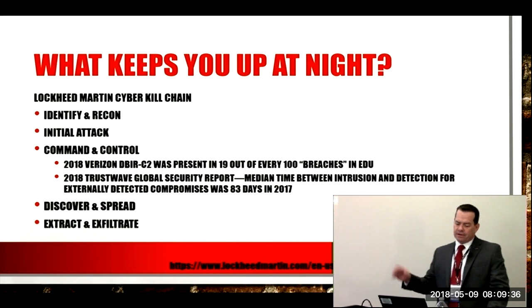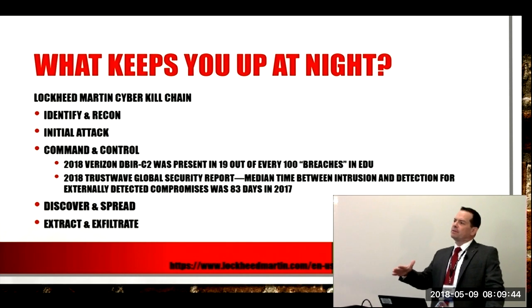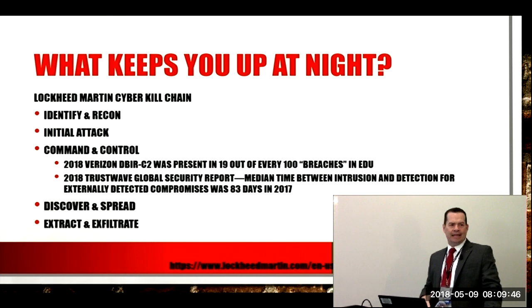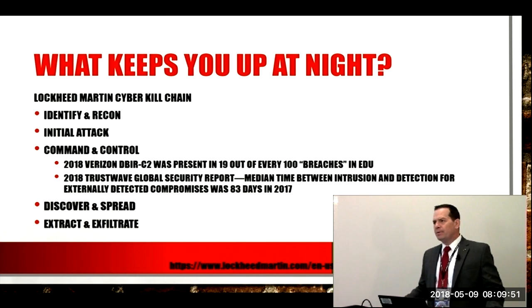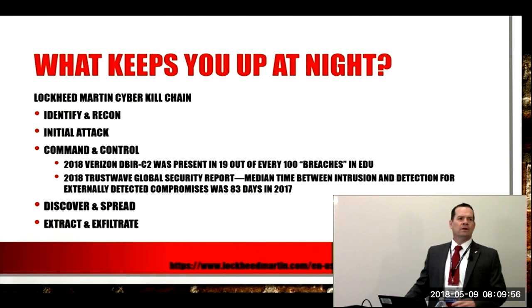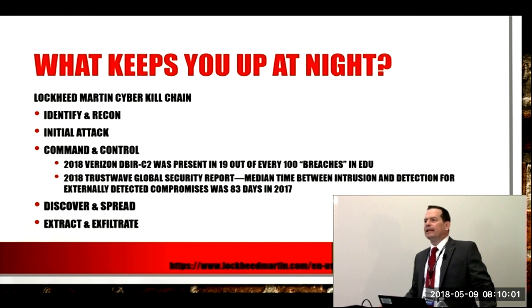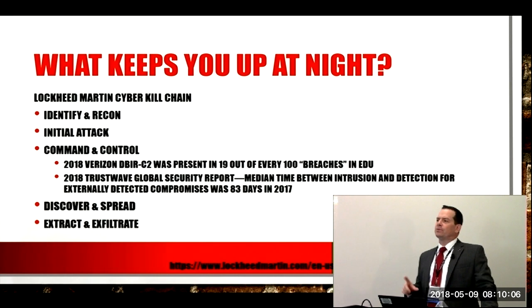So what I have here is the Lockheed Martin kill chain. You may be familiar with this, but it goes through the steps that a persistent attacker may take in compromising your network. So we're not talking about commodity malware. We're not talking about ransomware or cryptoware or something that is introduced to your network that an antivirus can perhaps find and resolve. We're talking about someone who's persistent in trying to get into your network, who wants to get a foothold in your network.